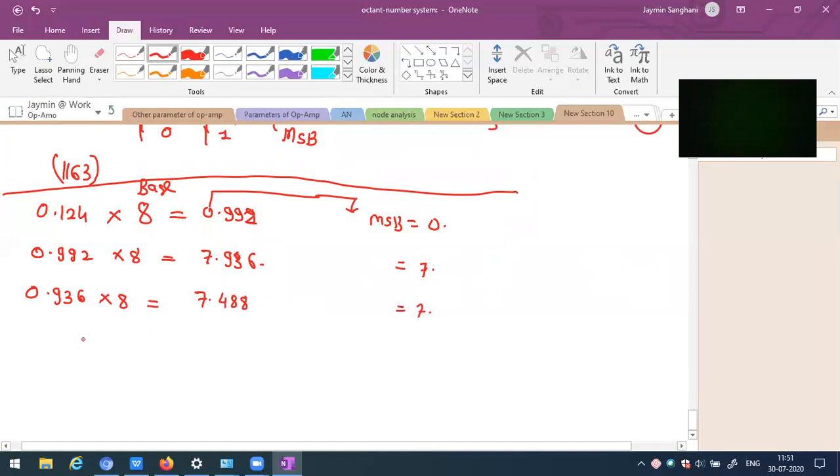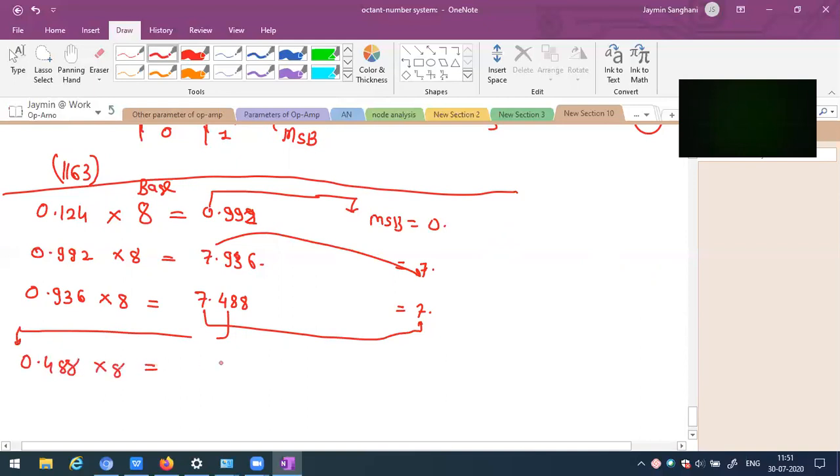So here 7. Then 0.488 multiplied by 8 is 3.904. So here we get 3. So the terms go on like that.